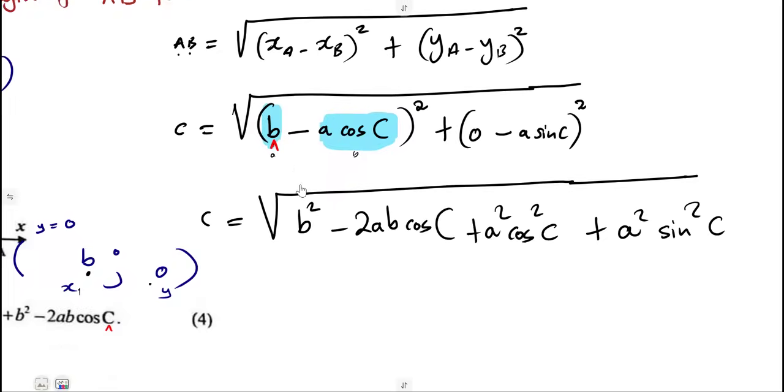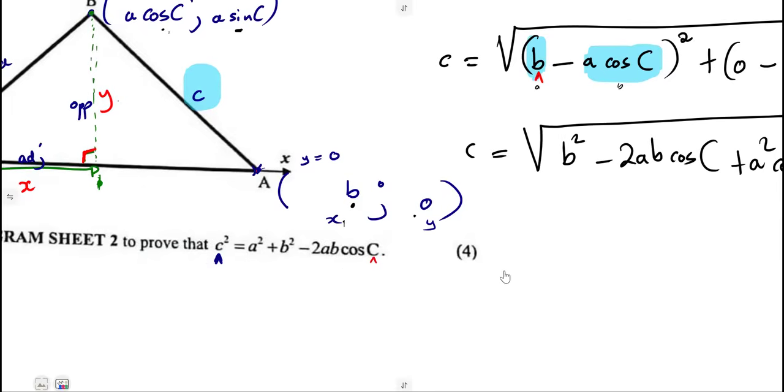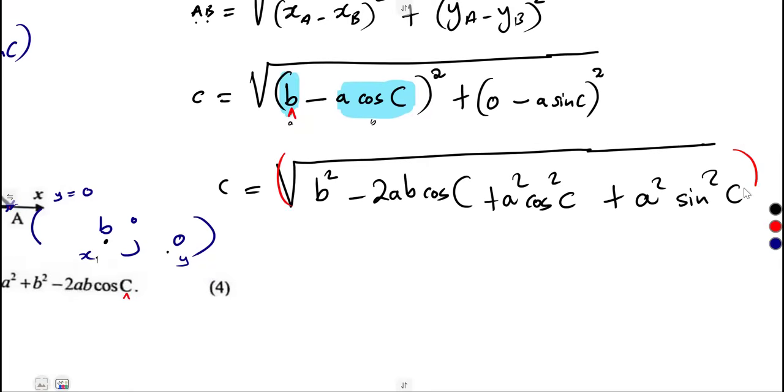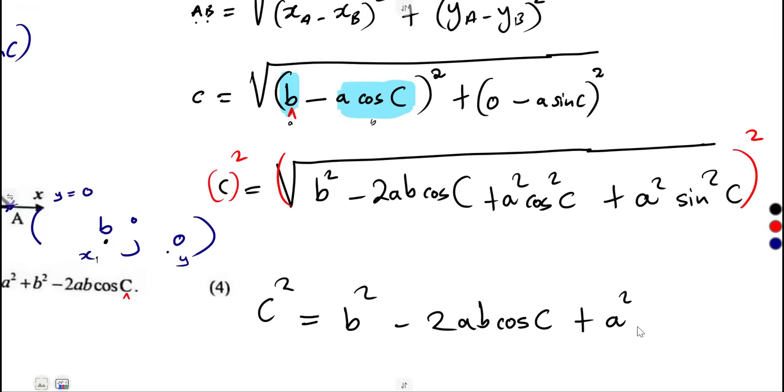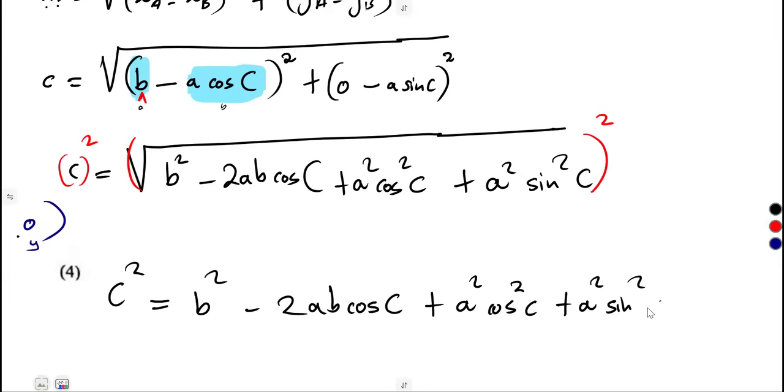We applied our distance formula, expanded brackets. Let's simplify further. We can even get rid, as you can see, guys, here it's C squared. So let's just get rid of this square root. We must square both sides so that we have C squared. So C squared is equal to what is under the square root, which is B squared minus 2AB cos of C plus A squared cos squared C plus A squared sine squared C. We just removed that square that we are given.